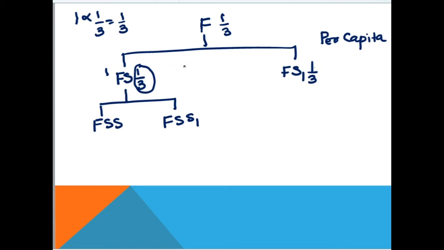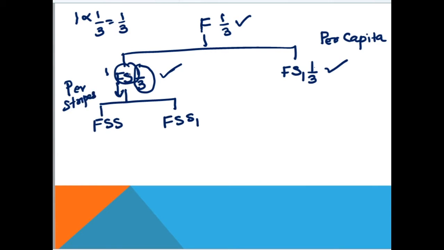Now when this 1/3 will be divided amongst FSS and FSS1, that will be called the per stripes division. When the co-partnery property was divided amongst F, FS and FS1, when the partition took place between F and his sons FS and FS1, that was the per capita division. And when this per capita division occurred, each of them got 1/3. Now when the 1/3 of this FS will go into his branch, that will be per stripes division.